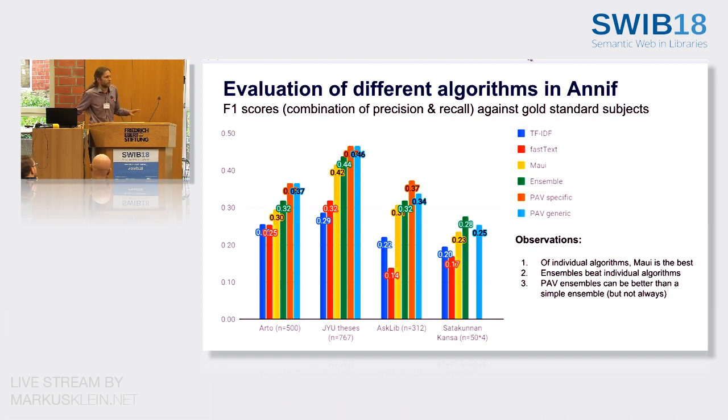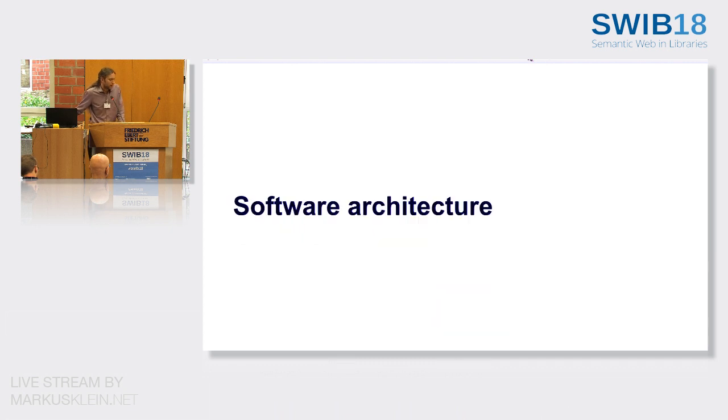So it can cover some of the mistakes the algorithms are making. But then the last two are two variations of the PAV approach of trying to do second-order learning. And we can see that it usually improves results over a plain ensemble. So this way we can build on combinations of algorithms to get better results.